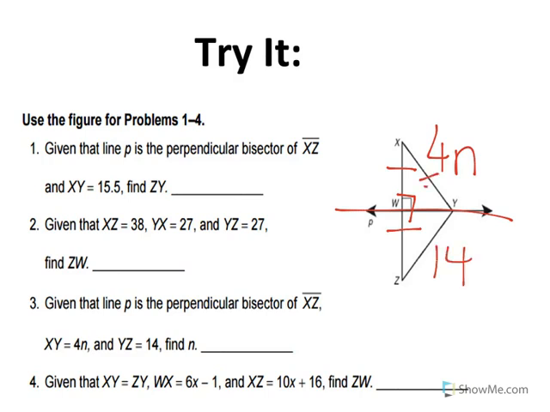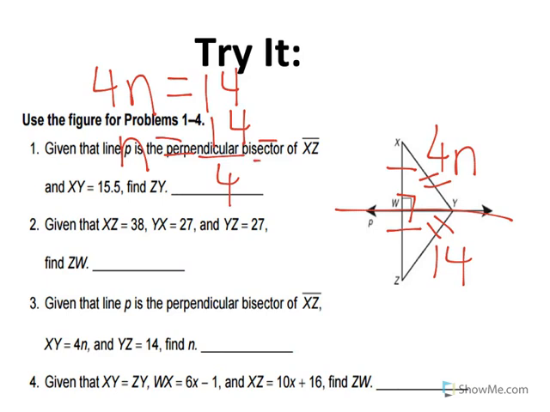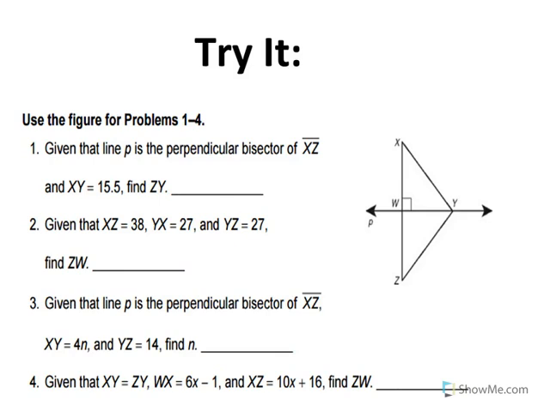So these two are also congruent, and we can set up the equation 4n equals 14. Solving, n equals 14 over 4, reduced to 7 over 2. In this class, you may leave your answer in the form of a fraction, but you need to reduce it to the lowest terms.